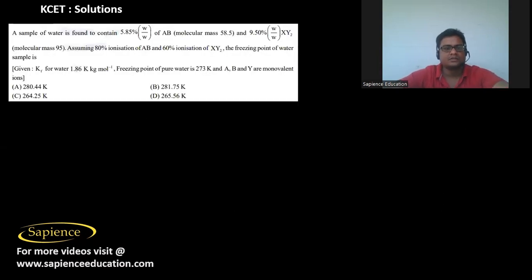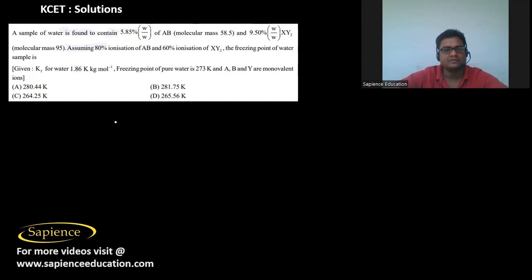Then here it is told a sample of water is found to contain 5.85% weight by weight of AB and 9.5% weight by weight of XY2, whose molar mass is 95. Assuming 80% ionization of AB and 60% ionization of XY2, the freezing point of the water sample is.